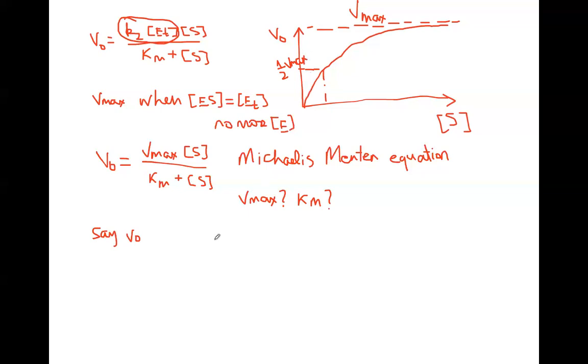Okay. So say V naught is one half of the Vmax, then we have Vmax over 2 on the left, right here, equaling Vmax times the substrate concentration over Km plus substrate concentration.